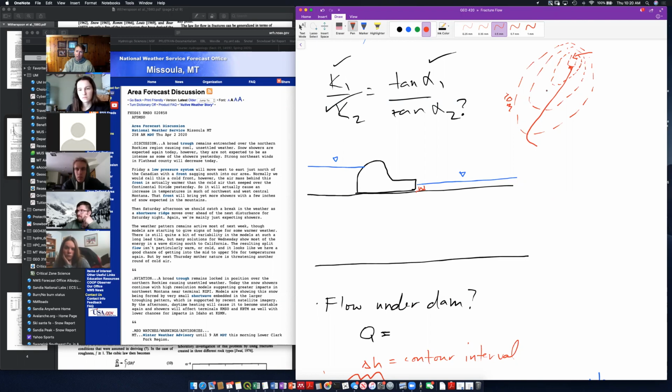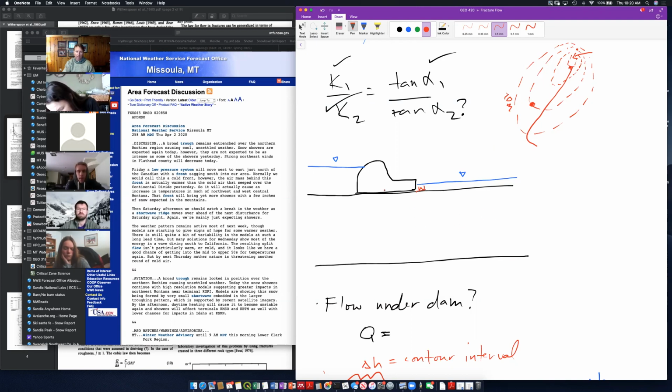I can tell the gradient in elevation by the distance between contours. I can tell you what the gradient of the elevation is at this point by looking at the distance between contours at that point, and the same on the ridge. So you've got a flow net, you've got head contours.